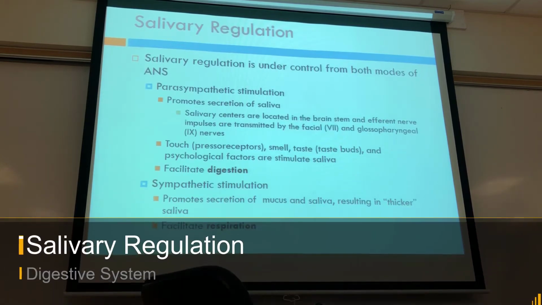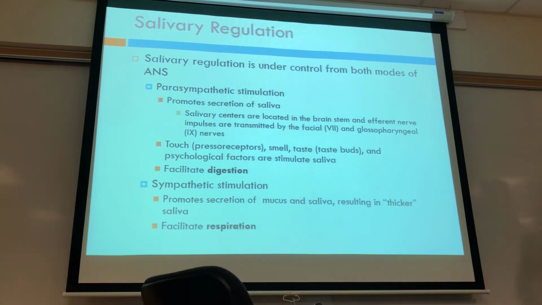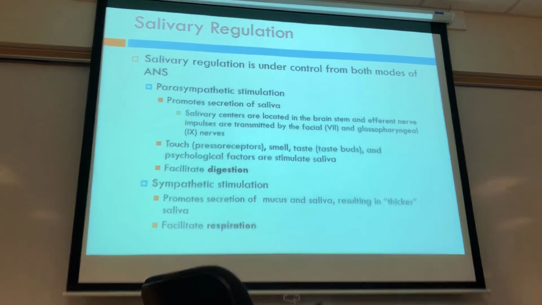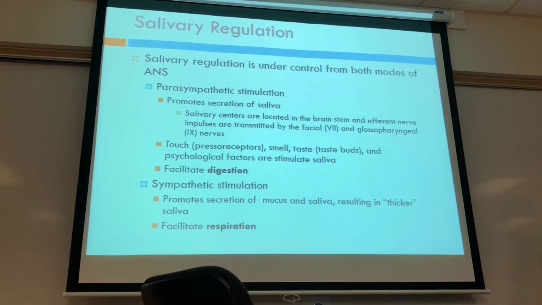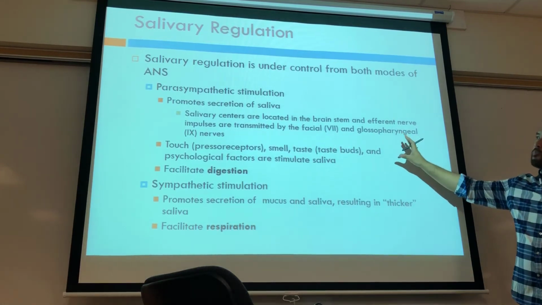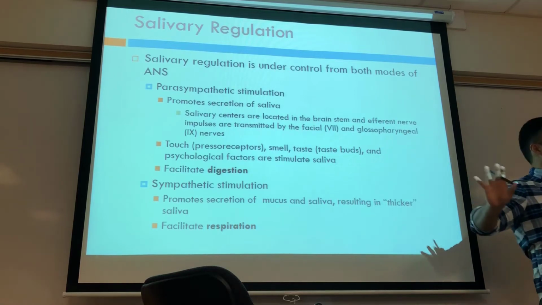Now, looking at salivary regulation, I mentioned that the production of saliva is a parasympathetic reaction. But technically, it's also sympathetic as well. So I lied to you a little bit. But in parasympathetic stimulation, you produce watery saliva.